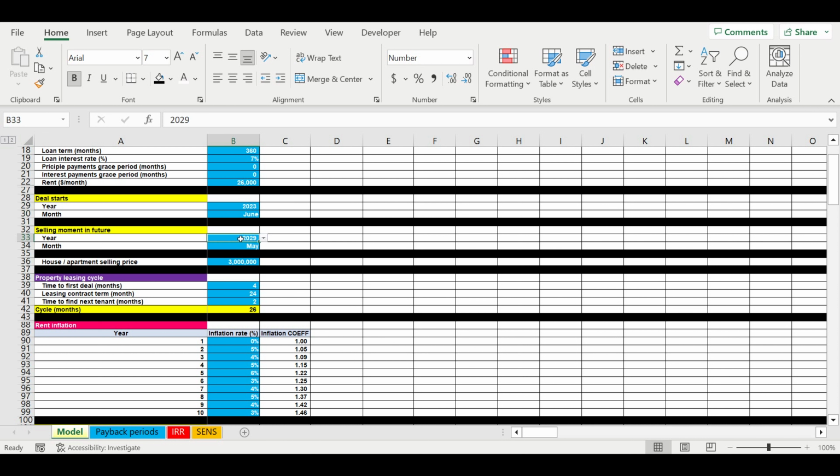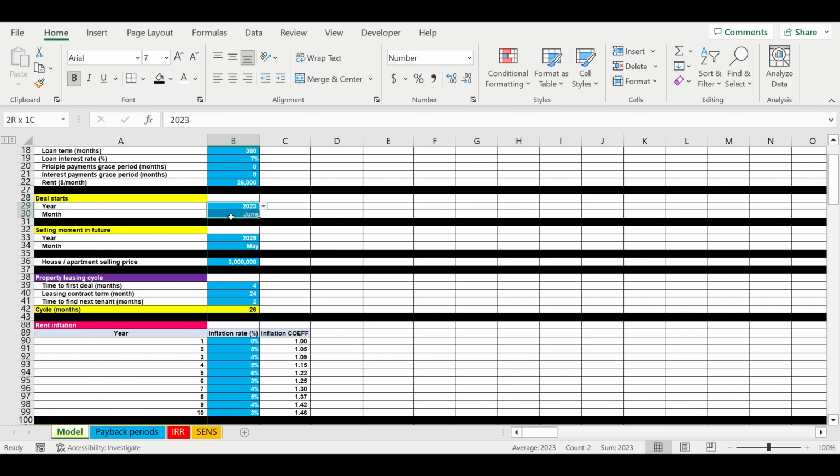Then if we plan to sell this house or an apartment somewhere in the future, we can specify the moment in future when we're going to sell it, and if we are not going to sell it, we can just select a year that is not inside our financial horizon, and the house or an apartment won't be sold.